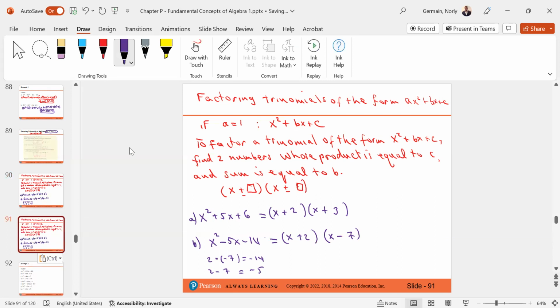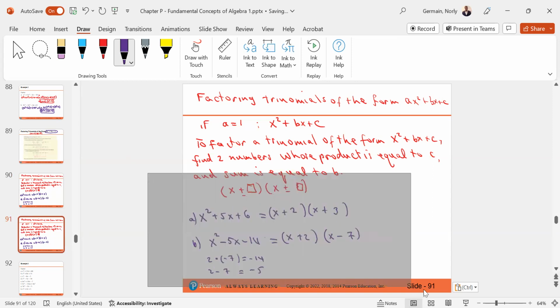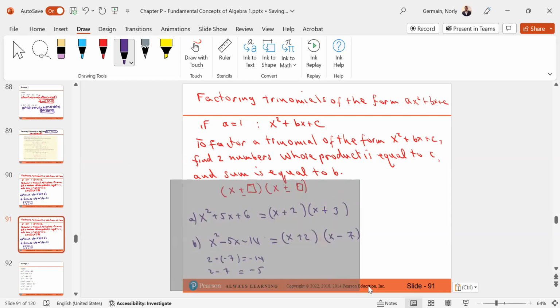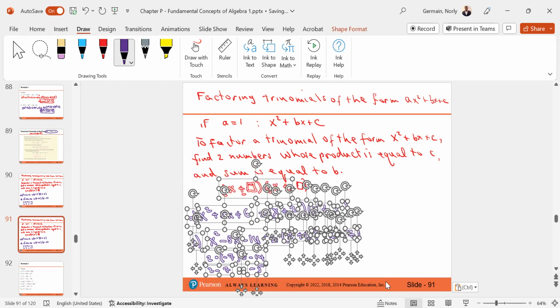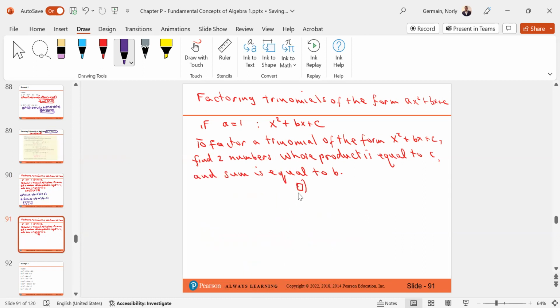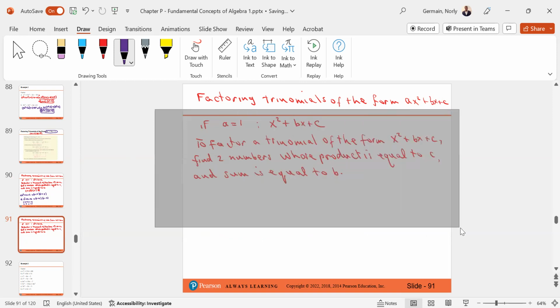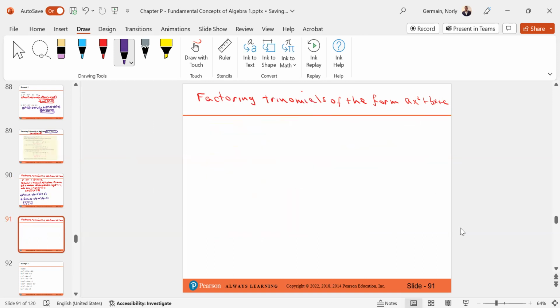Let me remove that part. I need to remove everything. That's okay, that's fine. Let's do it.